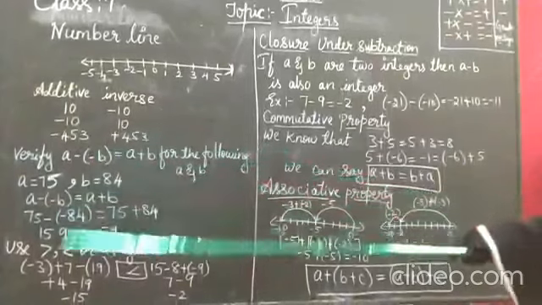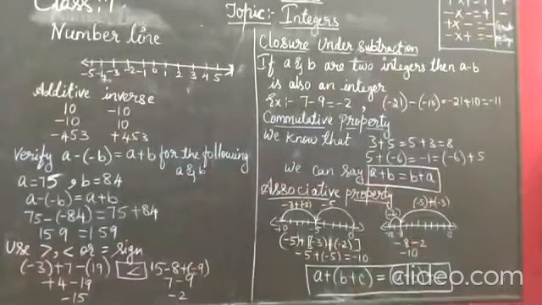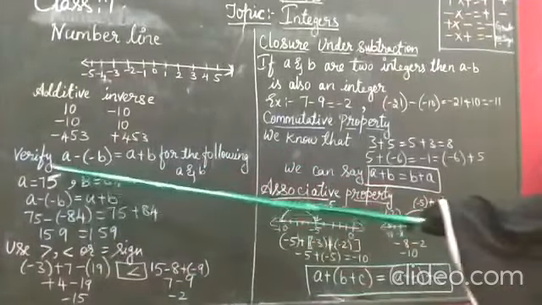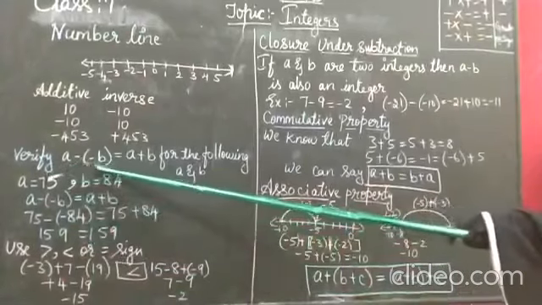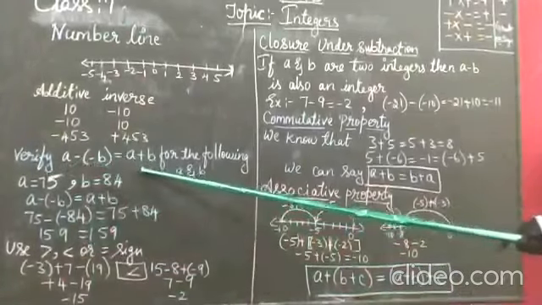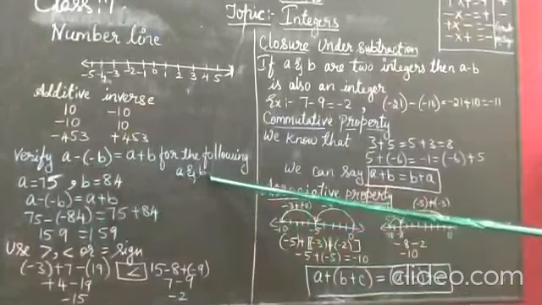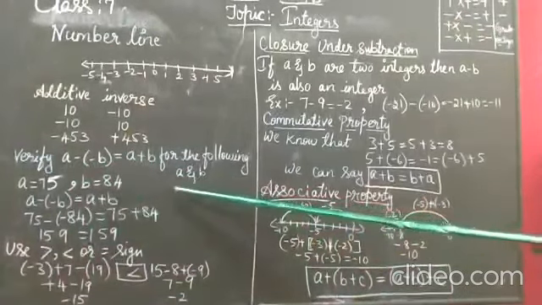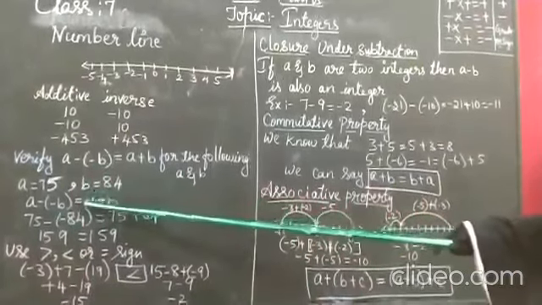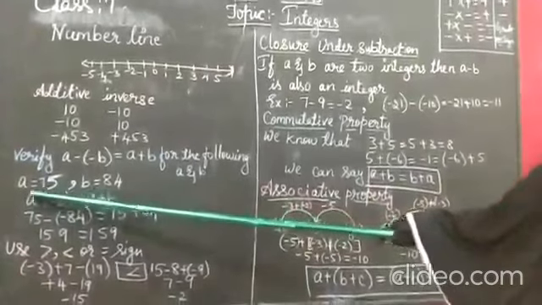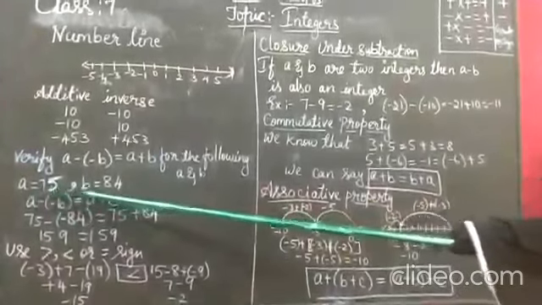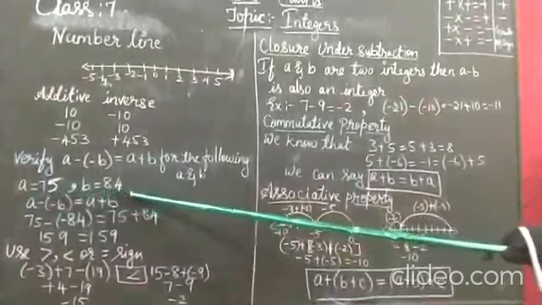Then the next question they ask in the exercise is: verify a minus of minus b is equal to a plus b for the following a and b. There are many questions in your exercise. I have selected one, that is a is equal to 75 and b is equal to 84.